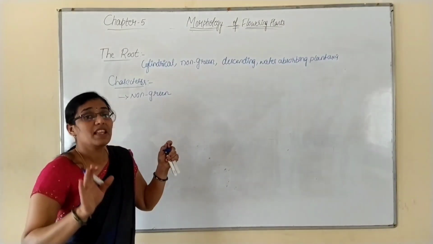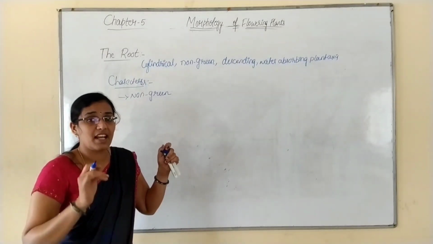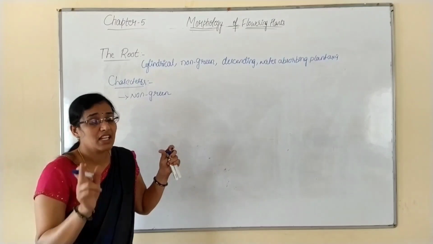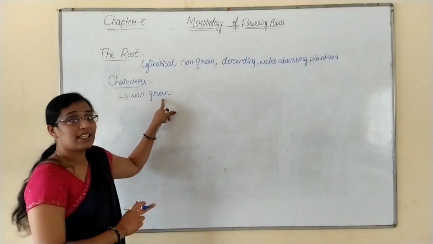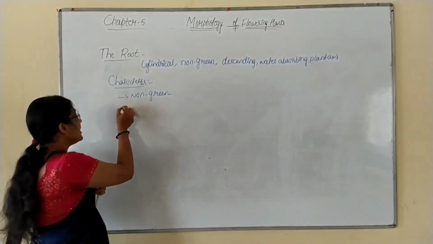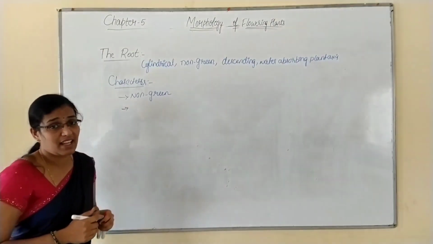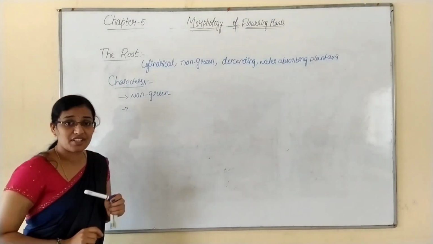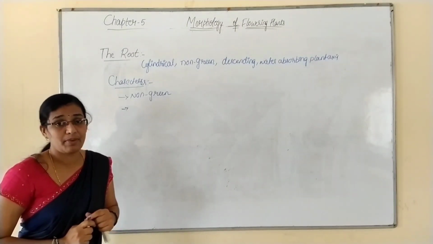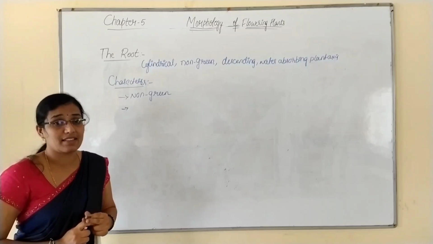When they lack chlorophyll pigment, they appear non-green in color. And they are descending plant axes. I told you in the definition itself, descending, water absorbing plant axis.